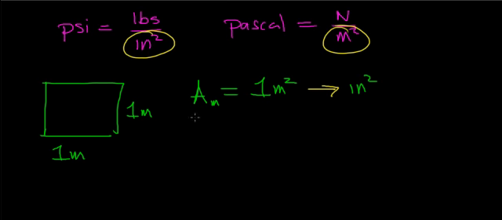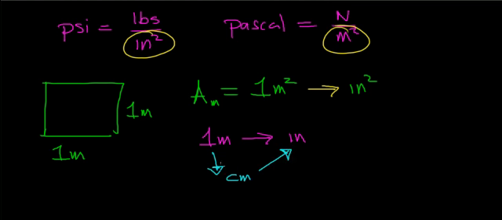Here's how I'm going to do it, just by knowing a few unit relationships. I know how to go from units of meters to units of inches. I don't know a direct relationship, but I do know that if I go from meters to centimeters, I can go from centimeters then to inches.